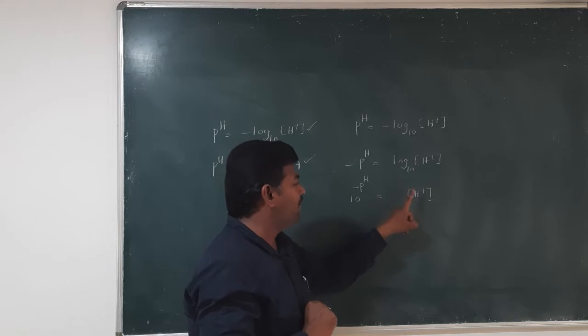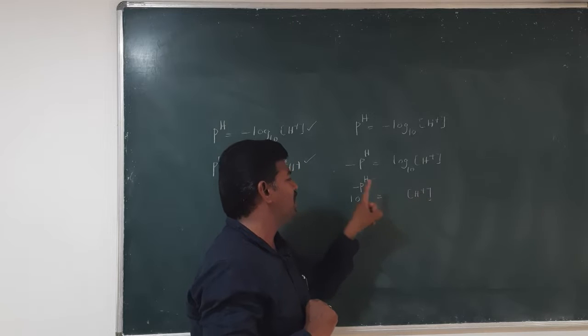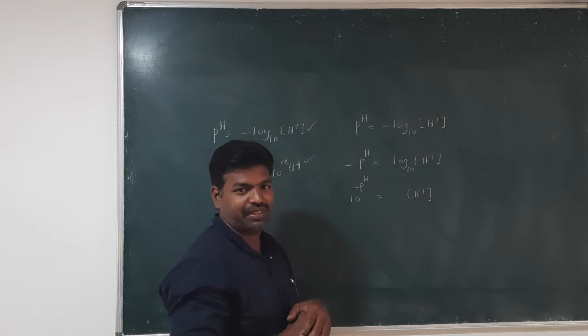So the concentration of H plus ions is equal to 10 power minus pH.